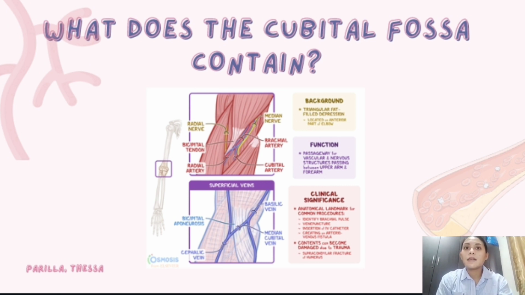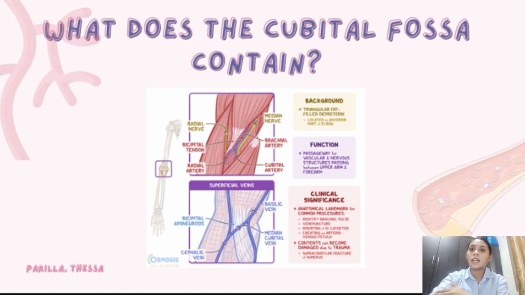So next, what does the cubital fossa contain? The cubital fossa contains several important structures, from medial to lateral. The median nerve, the yellow one, travels medially to the brachial artery and the biceps brachii tendon. So magkasama sila. Same sila ng pag-travel.